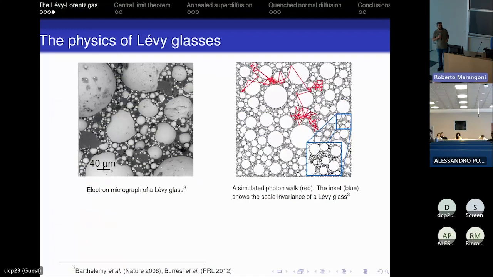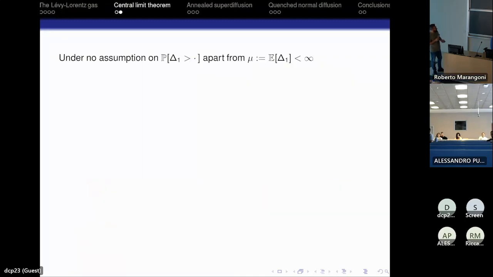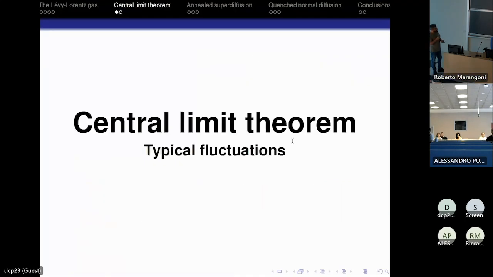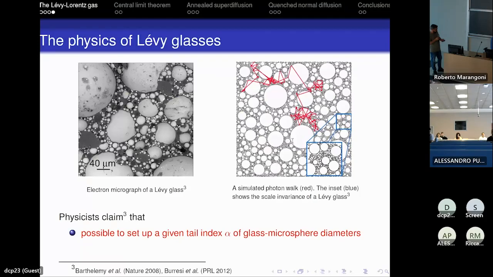A Lévy glass is made by microspheres of glass embedded in a polymeric matrix. You send some light in this material and you study how light diffuses in it. On the right, you see a simulation of the path of a photon in this material.